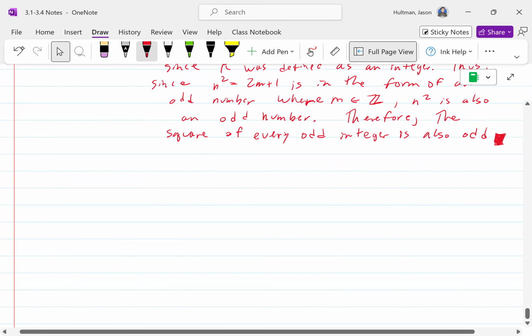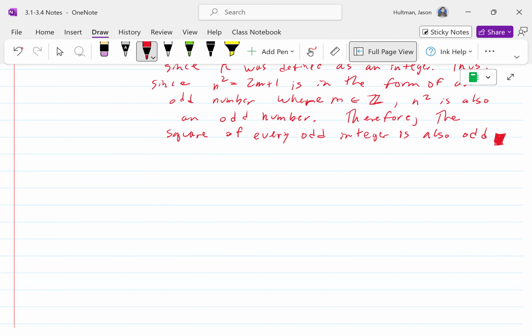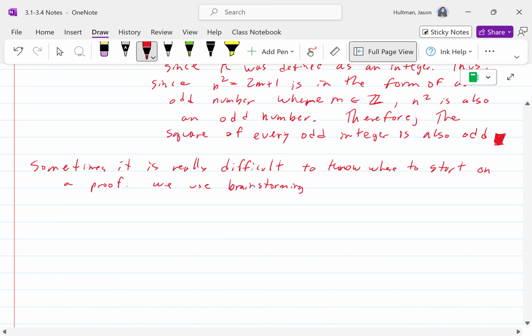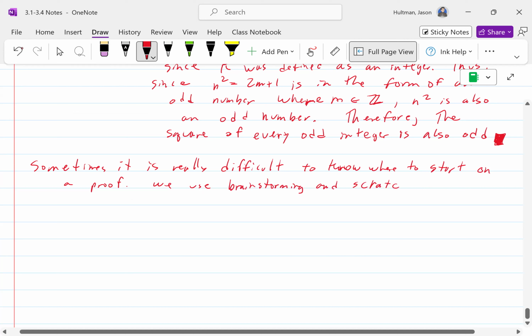We use brainstorming and scratch work to help us with this process.